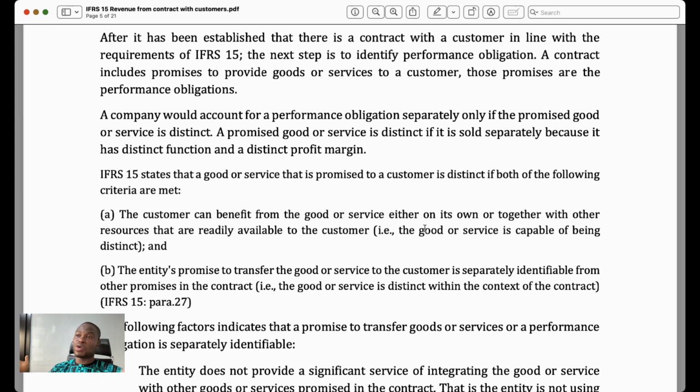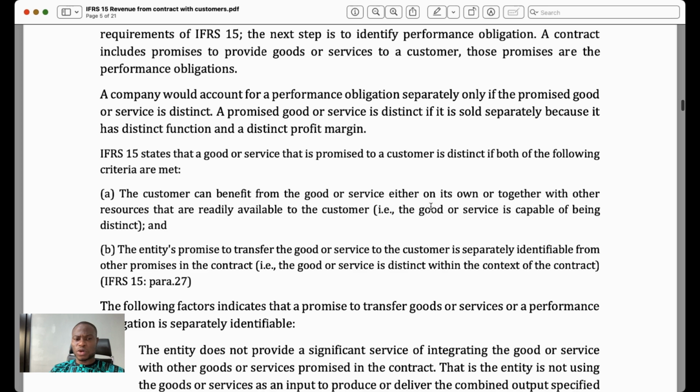The television will not work until you actually plug it into a socket, or if you want to watch maybe YouTube Kids, or Disney World, or Prime Video on your TV, you probably would have to buy internet. Okay, so that is not part of what you bought. What you bought is a TV. So whoever has sold it to you will have recognized that TV as revenue in his books. And that's one. The customer can benefit from the good or service on his own.